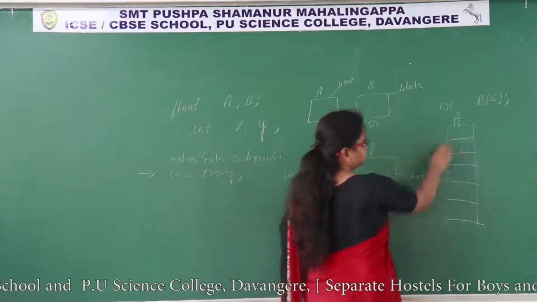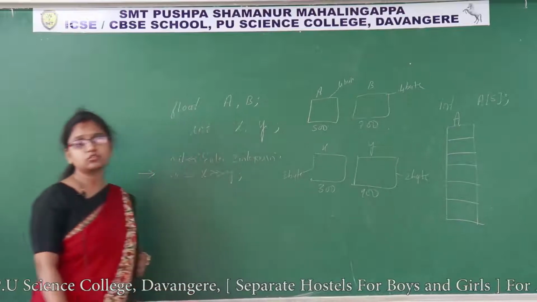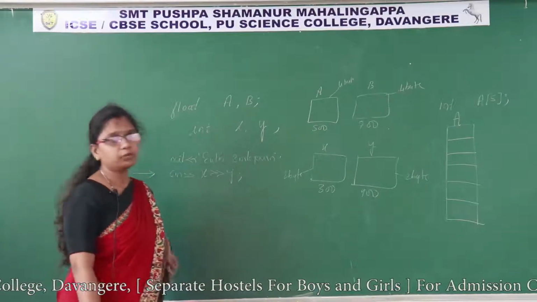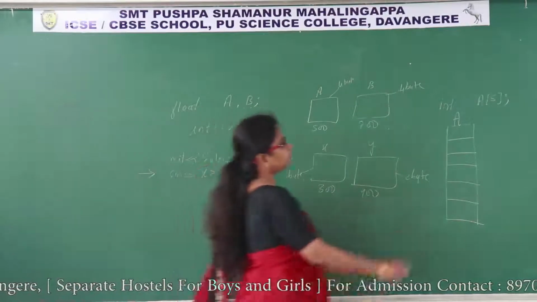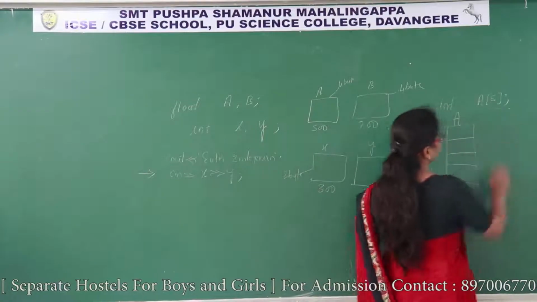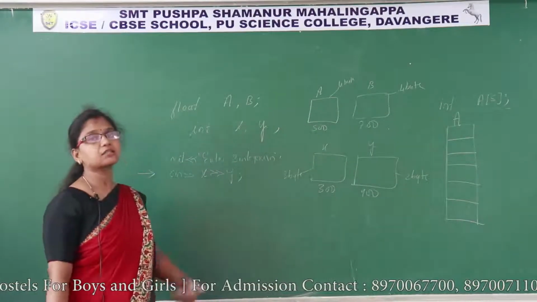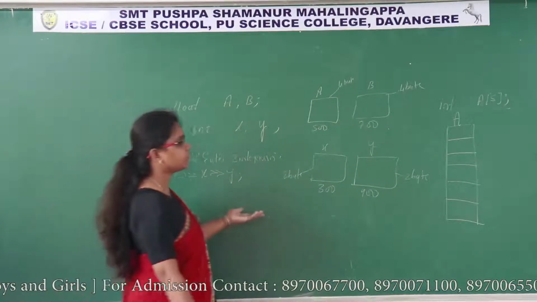So here also I have declared a of 5. A of 5 means the user has to input 5 elements there, and if you want to input one more element, you cannot, because this kind of allocation, this type of instruction, leads to static allocation. During execution you cannot modify the size.